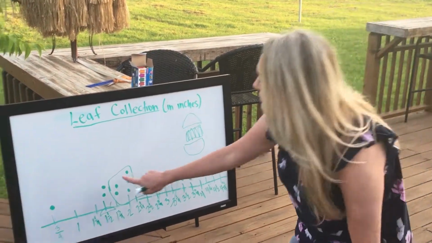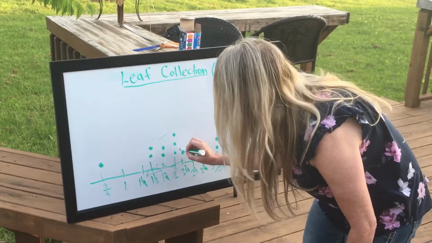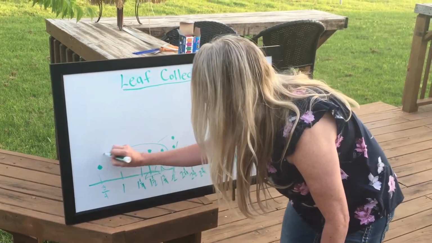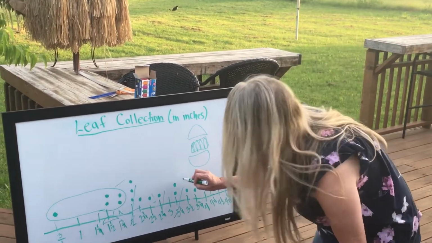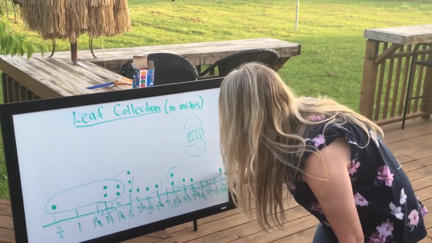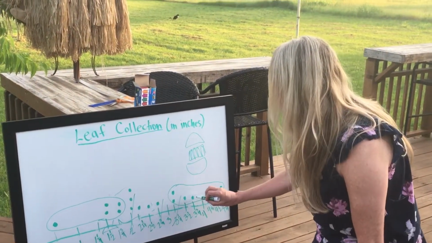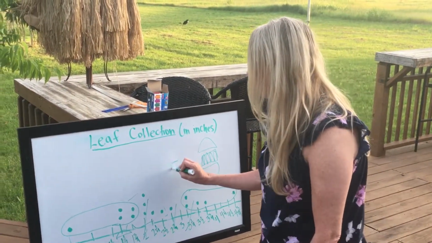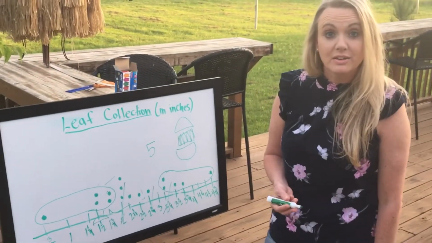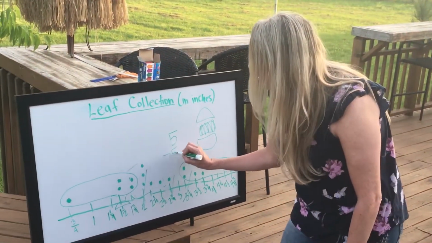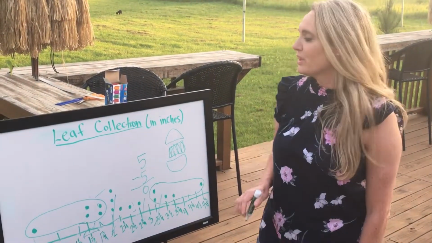So we would have to erase this, and we wouldn't count the 2 because I said less than 2, and how many more were over 3? 1, 2, 3, 4, 5, and 1, 2, 3, 4, 5. So what did I get? I got 0. They are equal in number.